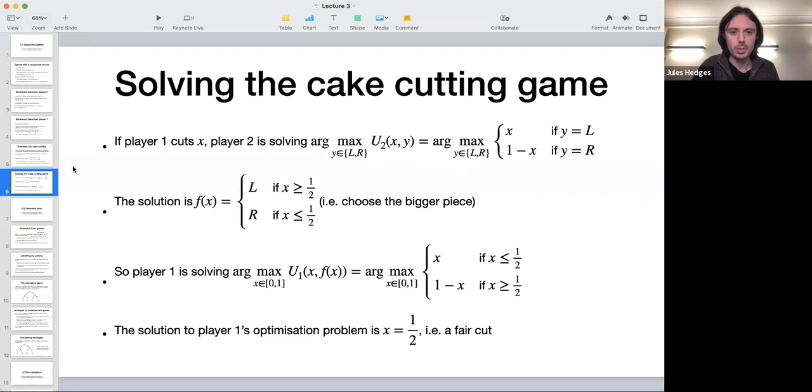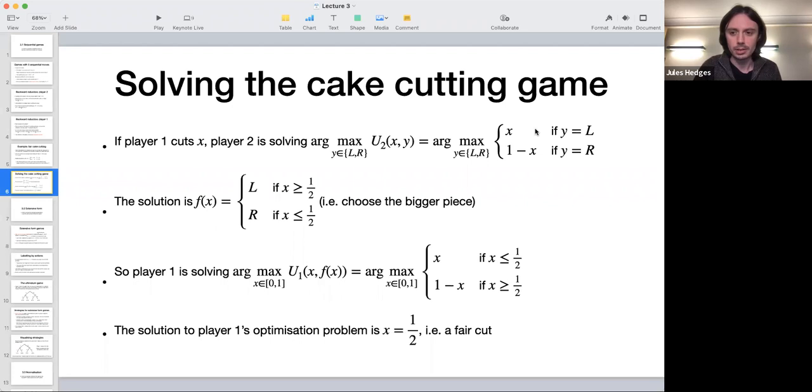So we can solve this problem. We can apply backward induction to this payoff function. If we suppose that player one makes some cut, small x, then player two is trying to choose either left or right, whichever piece is bigger, namely this thing.